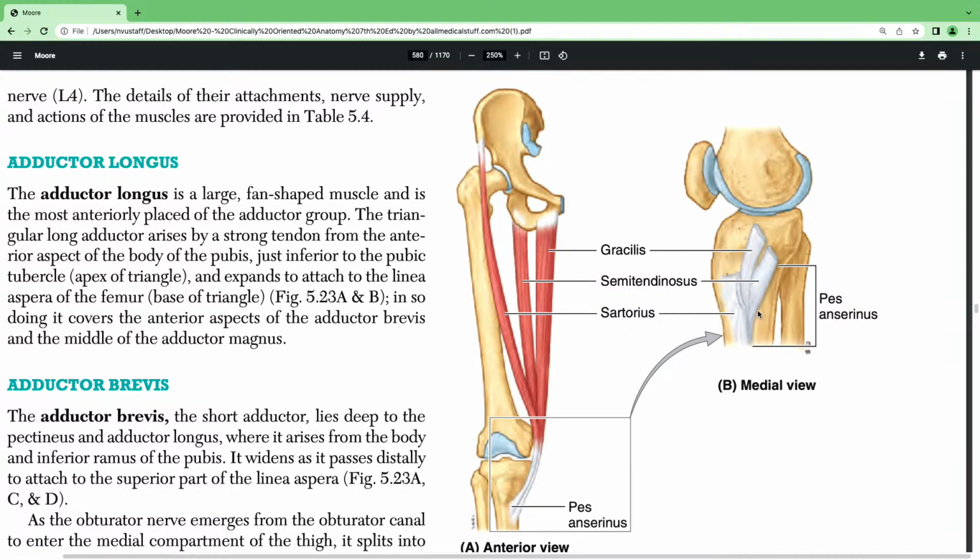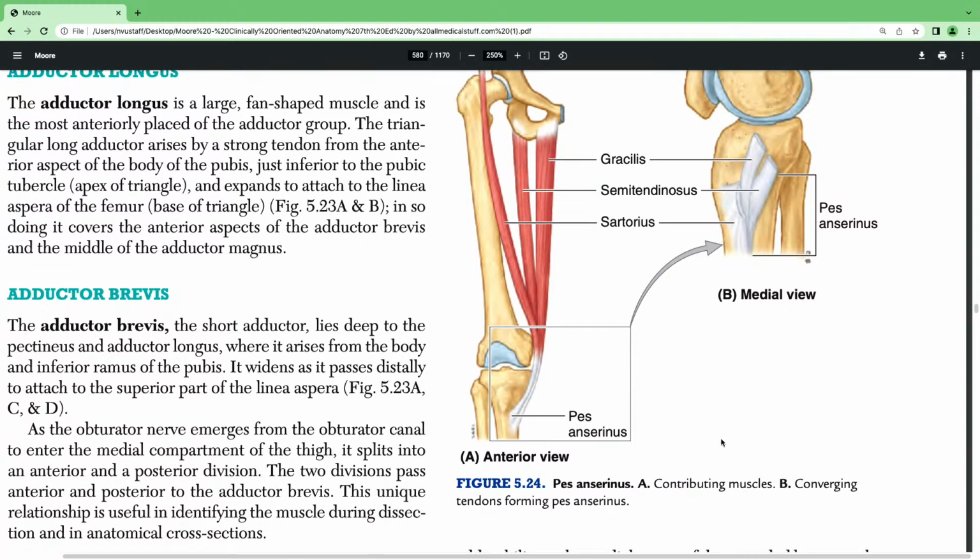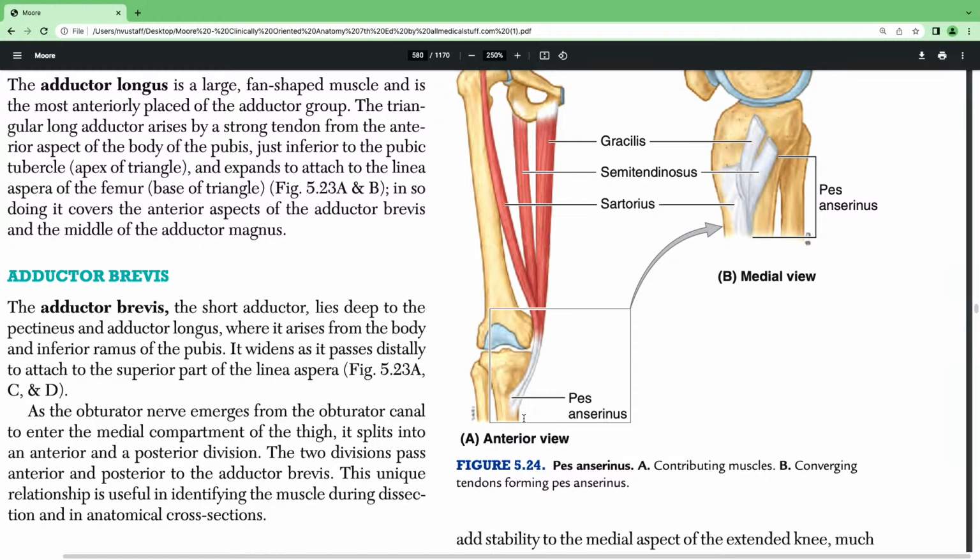All of them pass towards the proximal head of the tibia. All of them cross the knee joint on the medial aspect of the anterior surface of the tibia. And this region where all of these 3 tendons fuse into each other is known as pes anserinus.